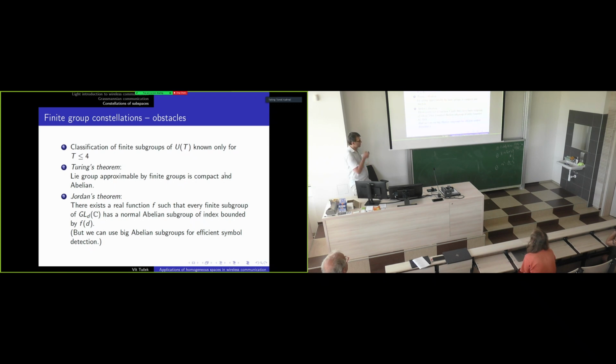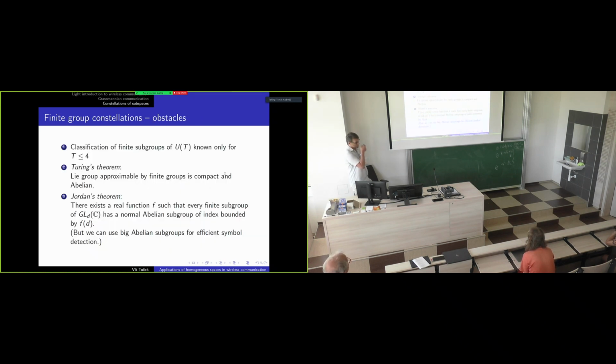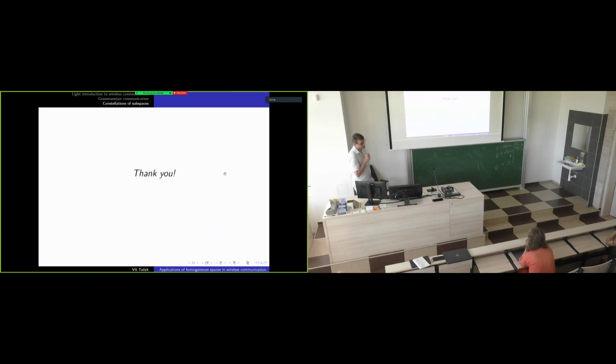You can convince yourself that when you have an abelian subgroup, it doesn't lead to good orbits in terms of these minimal distances. So this Jordan theorem is basically the phenomenon behind this behavior. But on the other hand, you can use big abelian subgroups for efficient decoding of the symbols. Okay, so thank you.